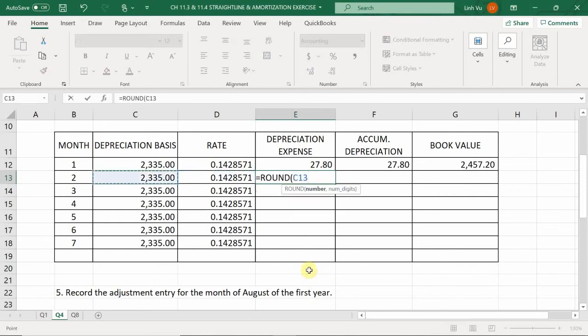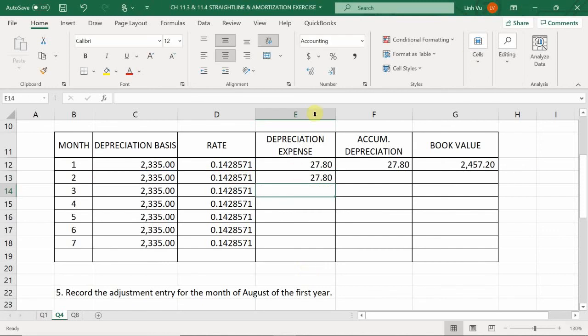It should stay the same as well. In this case, we're not looking at the year, we're looking at the month. So even if you divide the whole thing by 12, you're still going to get 27.80 every single month, because we're doing it on a month to month basis. It's not a year to year basis. It's based on every single month.